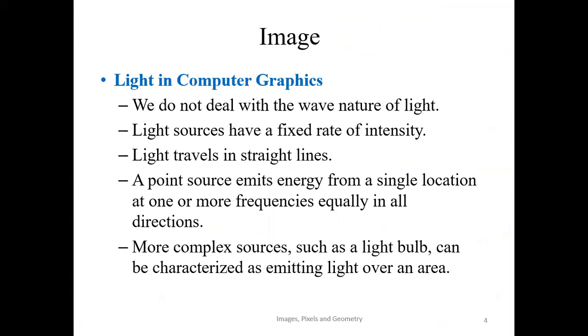We are concerned with different light sources having a fixed rate of intensity. Whenever we are designing a graphical system, we have to be concerned with how we use the light. We know that light travels in a straight line and a source emits energy from a single location at one or more frequencies equally in all directions.